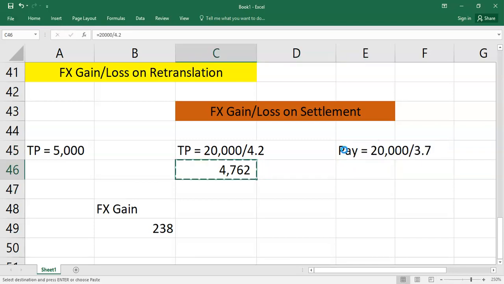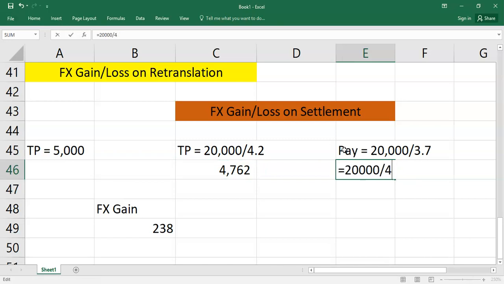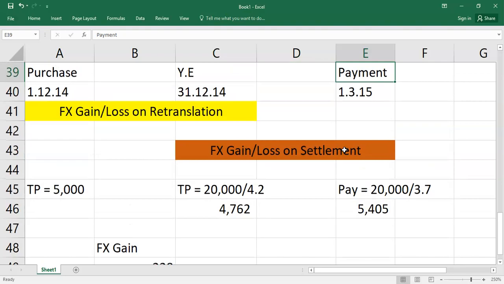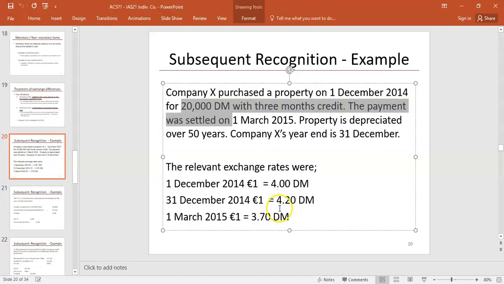So we're actually going to pay 5,405. Why? Because the exchange rate has gone against us. The foreign currency has strengthened because the euro is weakening. And that means we're going to have to pay more euros to settle a fixed amount of foreign currency. This never changes. But because we're working in euro financial statements, we have to update each time.